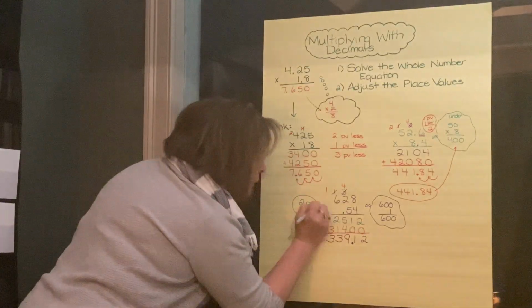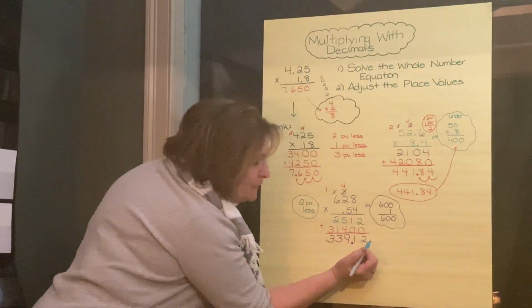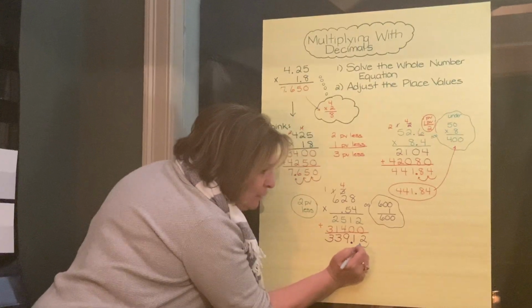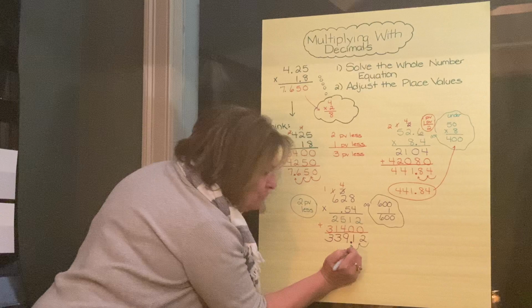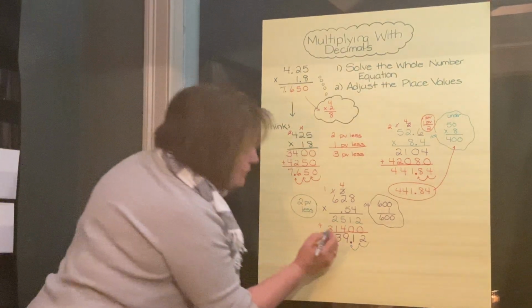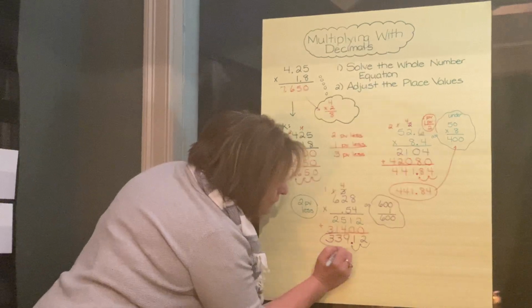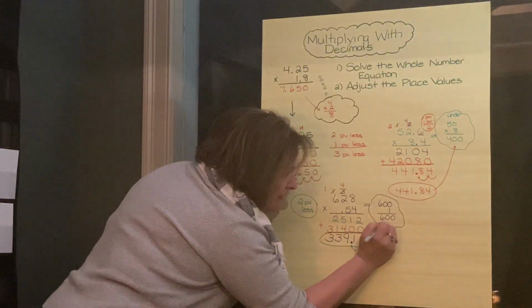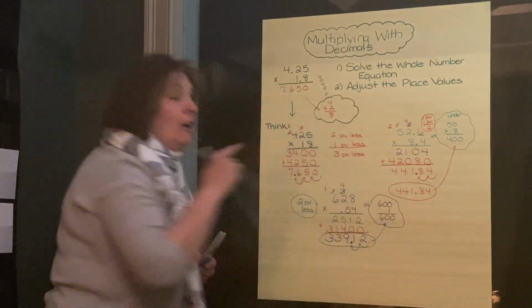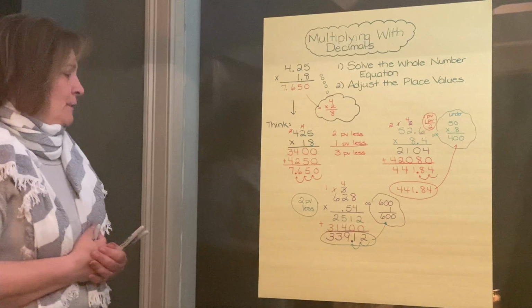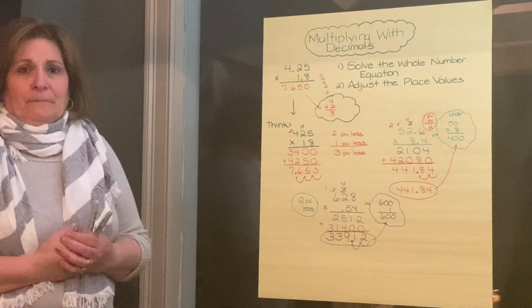So again, in order to adjust my place values, I start at the ones place here, bring it 1 place value, 2 place values, and in fact, that is my final answer, 339 and 12 hundredths. And I compare it to my estimate, knowing that my estimate was a pretty large overestimate. And that's how we did it.